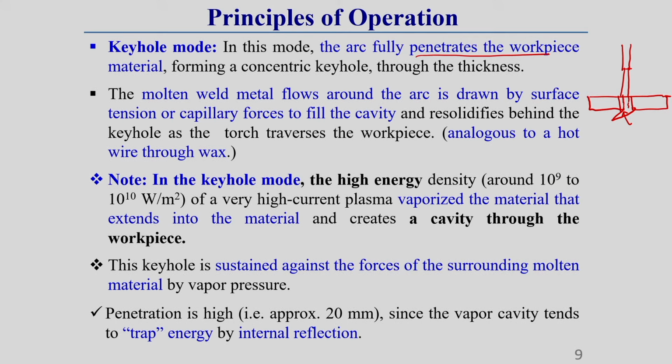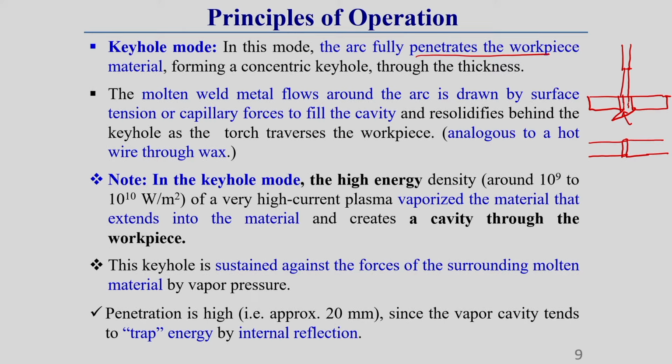Okay. So, in this mode the arc fully penetrates this workpiece, forming a constricted keyhole through the thickness. Here you can see a constricted keyhole is formed throughout the thickness of the workpiece.